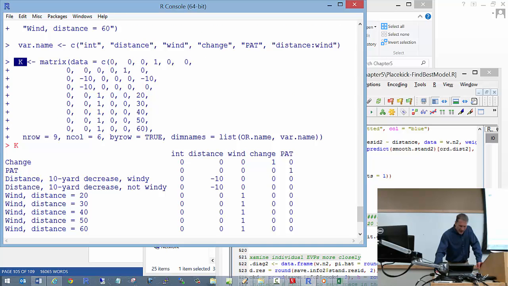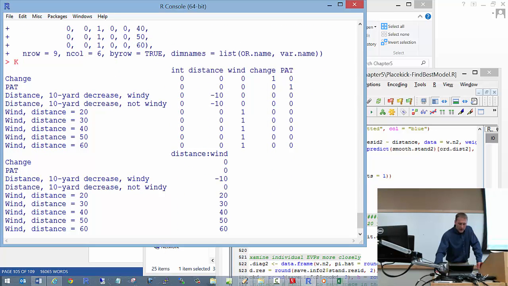So this matrix K contains all the coefficients I need. Please make sure you understand how to form that matrix K. The one thing that we are doing differently from before is I use my dimnames argument in matrix, which we haven't seen. And in a list object, I put, okay, I want my rows to be labeled by or.name and my columns to be labeled by var.name.